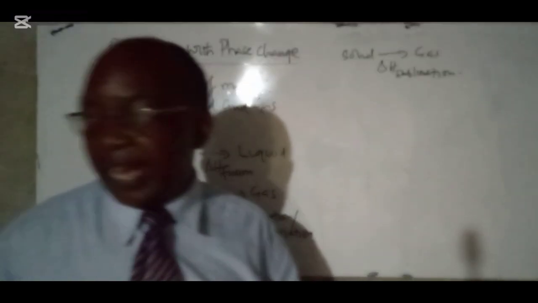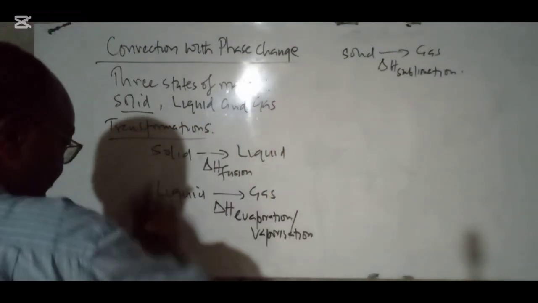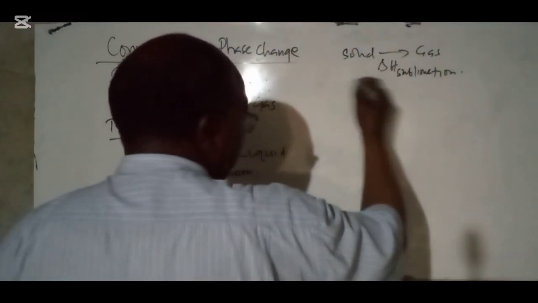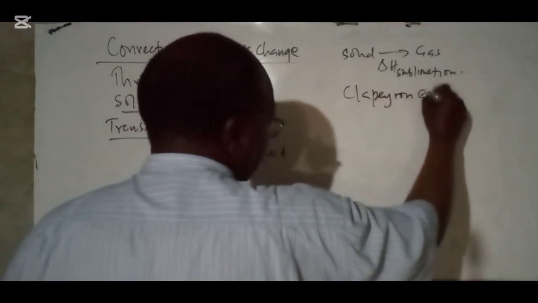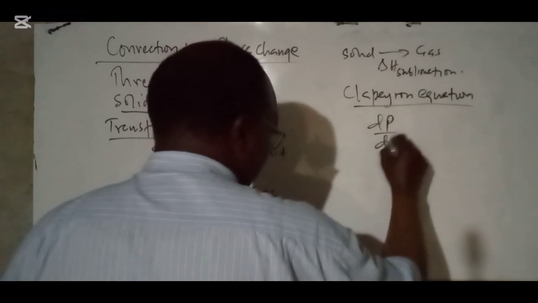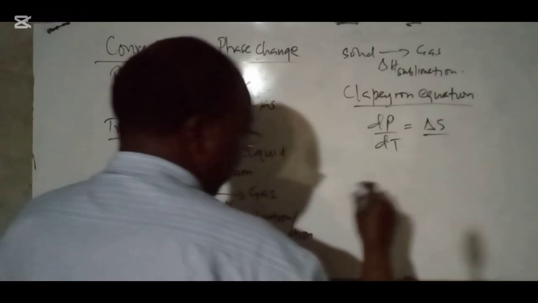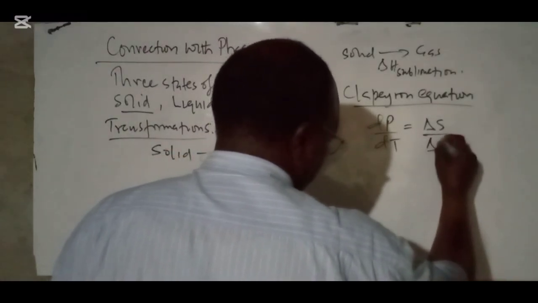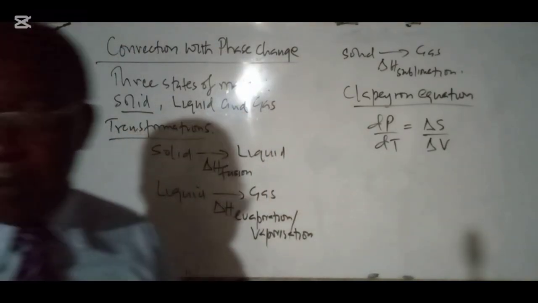And if you look at lectures which we've done in phase equilibria, the boundaries of these phases are actually determined by the Clapeyron equation. You can construct these boundaries by use of the Clapeyron equation, which is delta H by delta V. Very, very important for us to remember that.